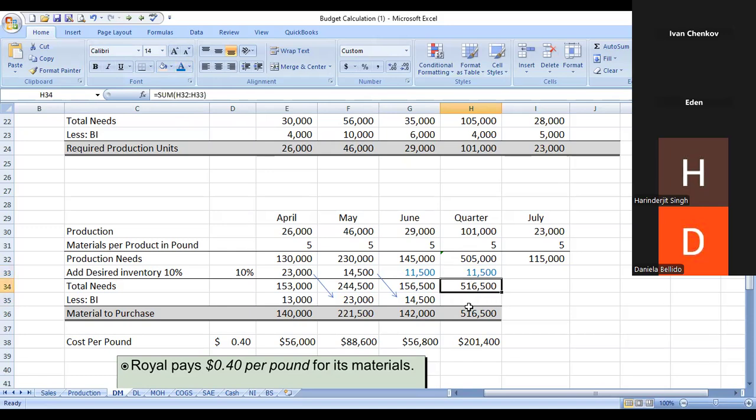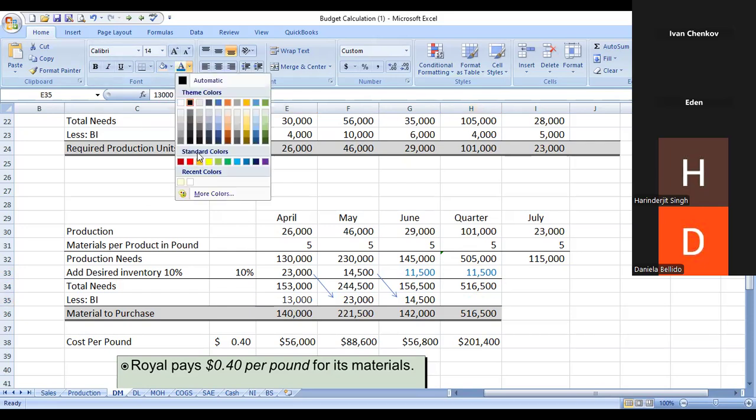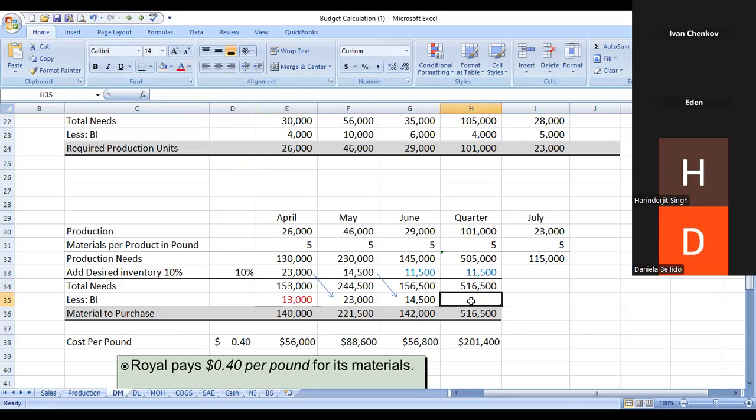Now, in order, we need 560,500 units. But we already have the beginning balance of the quarter, which is the first month of the quarter, also given to us here, 13,000 pounds. So we started the quarter with 13,000 pounds.